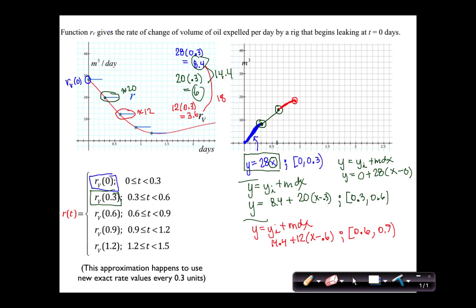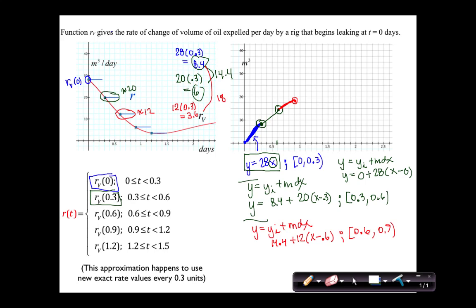I could have made it 0.2. I could have made it 0.7. It's nice to keep one number throughout. But for the purposes of having a computer do some computations, you can make it 0.00001. And if you write it properly, it'll do the computations just as easily as if it was 0.3.